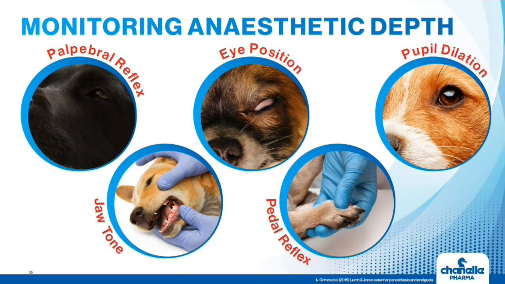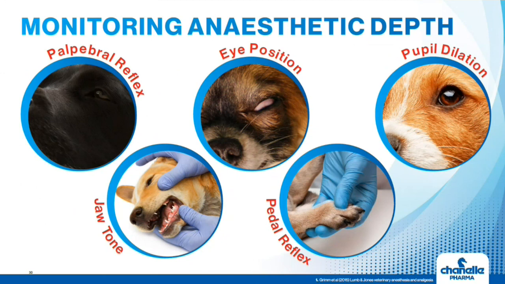Essentially, the patient's going cross-eyed. However, it's worth remembering that if anaesthesia deepens even further, it's possible for the eye position to move back to a central position. And this is really worth being aware of, because if you're just looking at that to monitor anaesthetic depth, people may erroneously assume that the depth of the anaesthetic is becoming less and turn up the vaporizer settings. And this would obviously be a terrible thing to do in this situation.